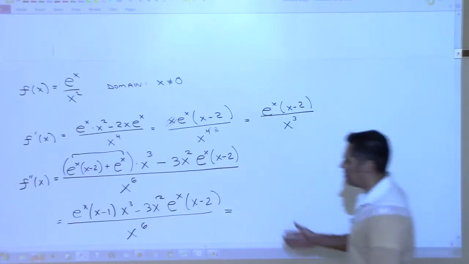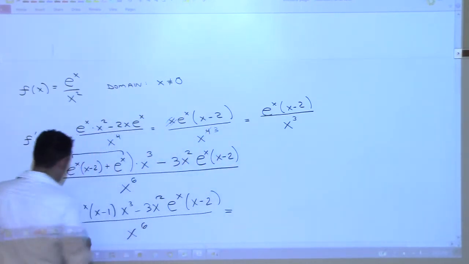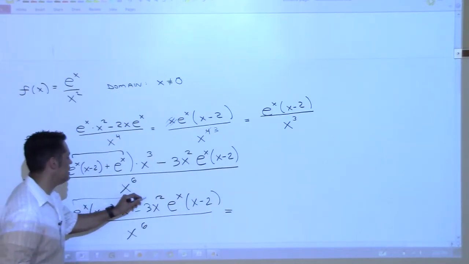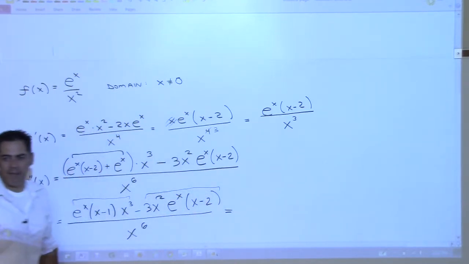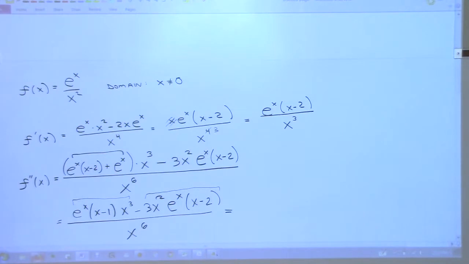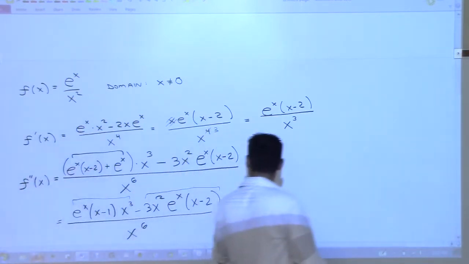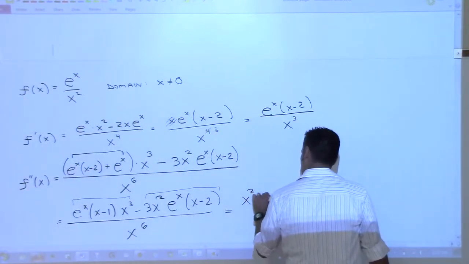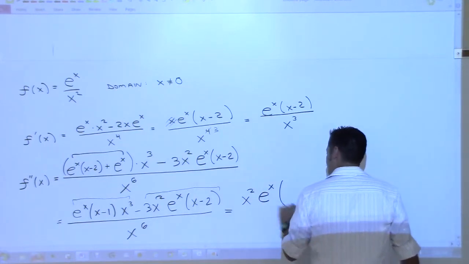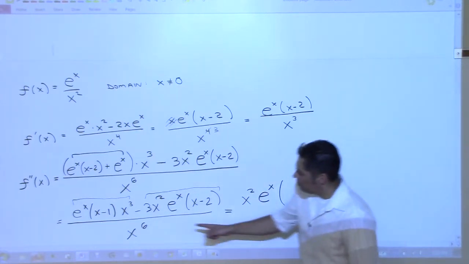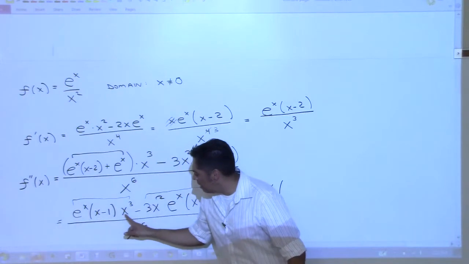Now, looking at this big, ugly numerator, I have two pieces. I have this piece and I have this piece. There's a GCF in those. I can pull an e to the x out of both, and I can pull an x squared out of both. So I'm going to put x squared, e to the x out here, and then what would be left if I pulled the e to the x out and the x squared from here?